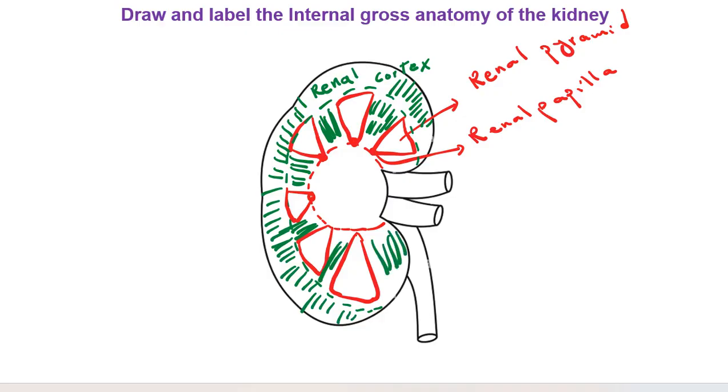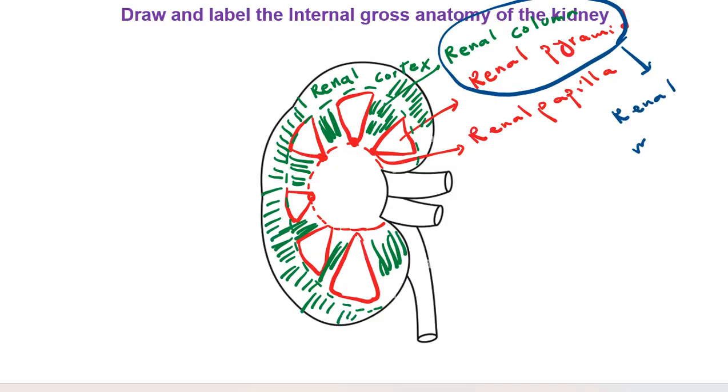So here we have our renal column. Then renal column and renal pyramid together make our renal medulla. So here to here will be the renal cortex, and then this part would be our renal medulla. So far so good? Okay.